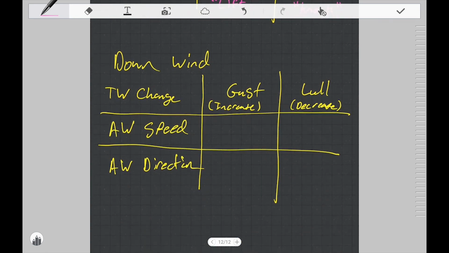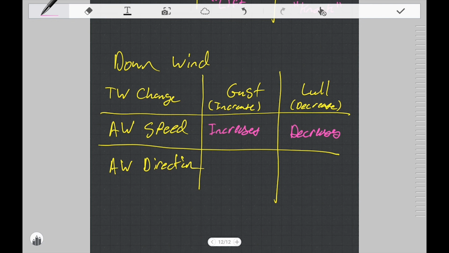When we're sailing downwind and we hit a gust, we should see that the apparent wind speed also increases. When we're sailing downwind and we hit a lull, we should see that the apparent wind decreases.